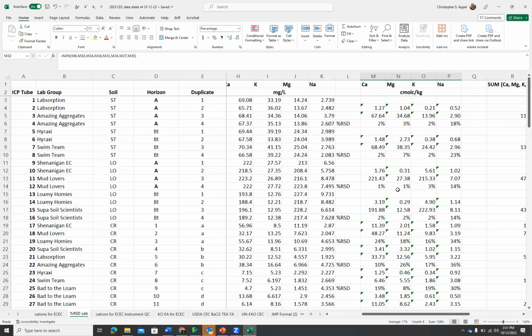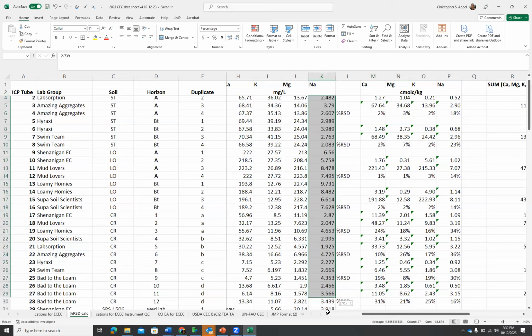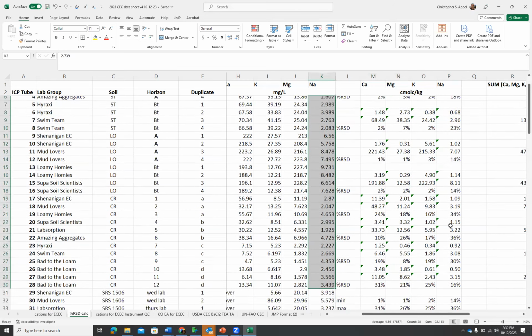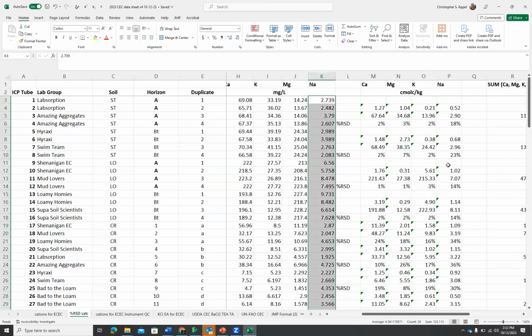Are you ready to talk about the sodium data? Yeah. What's wrong with the sodium data? Like I'm looking at these values here. Most of them anyway are below the detection limit, right? So there's only like one spot where they're not below the detection limit, but for the first set, they are below the detection limit.